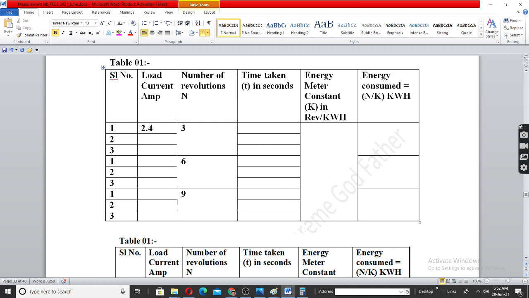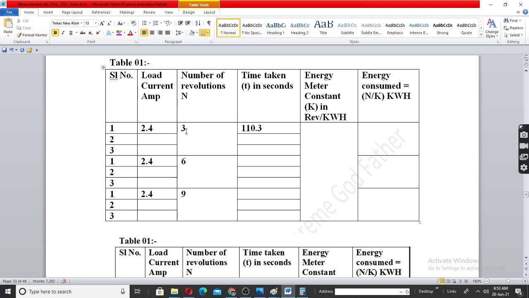So let us say it is 110.3 seconds using your stopwatch. You can use your mobile handset, which has a stopwatch. The serial numbers here are 1, 2, 3, and in the reading column you write 2.4 for each.